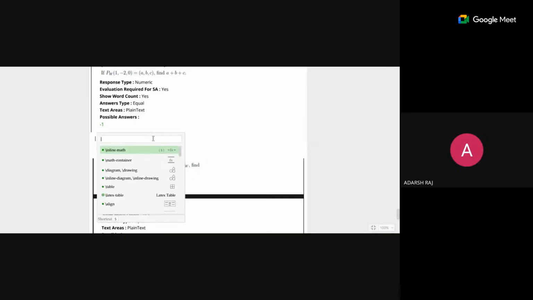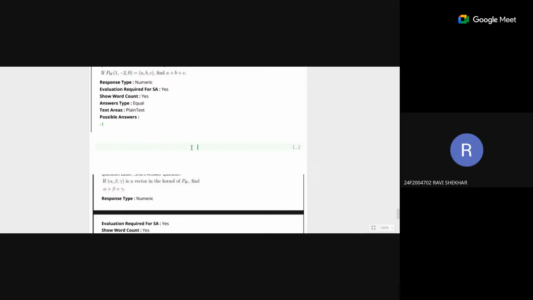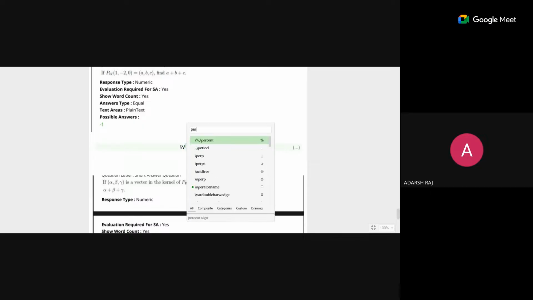What is the definition of the kernel, or null space, of the projection? The kernel of PW will be W perpendicular, right? Basically, W perp.